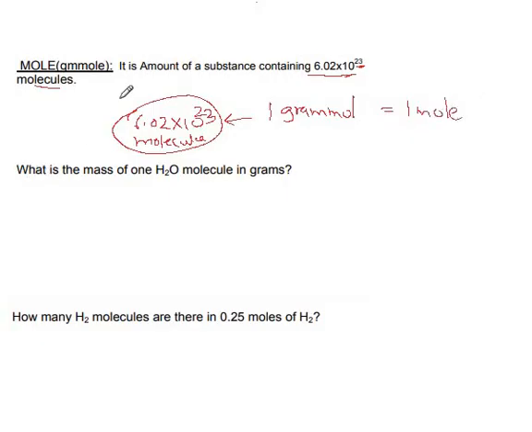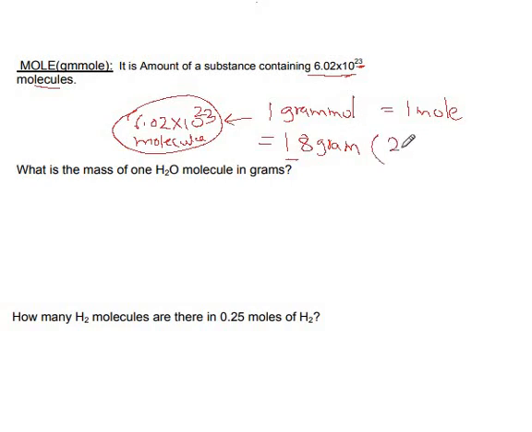So for any substance, when you take this much number of molecules, it is called 1 gram mole. For example, in case of water, when you take this much molecules of water, it is called 1 gram mole of water, and that is equal to 18 gram, because the molecular weight of water is 18.